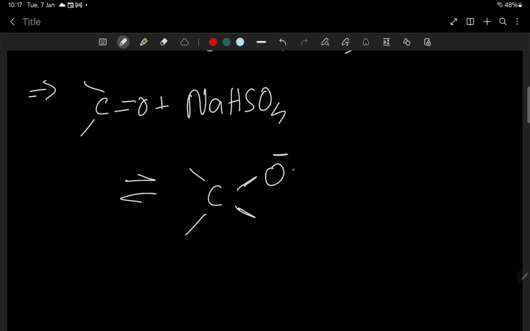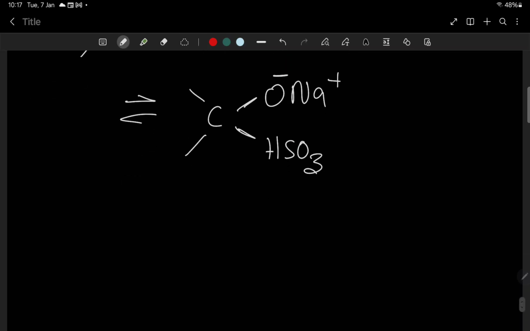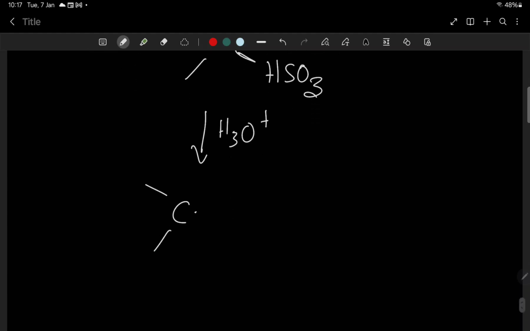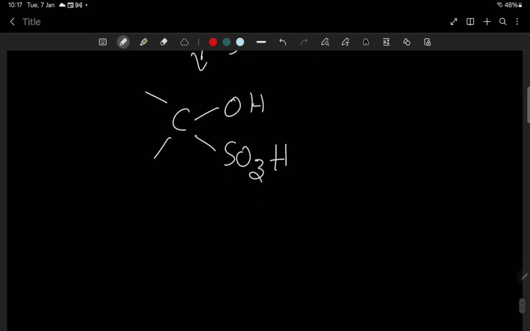Here O minus is there, so Na plus, and HSO3. At last, after hydrolysis, we get C(OH) and SO3H. This compound is a bisulfite addition compound.